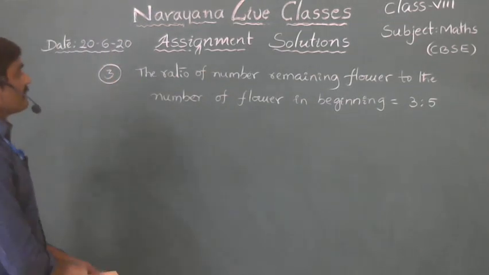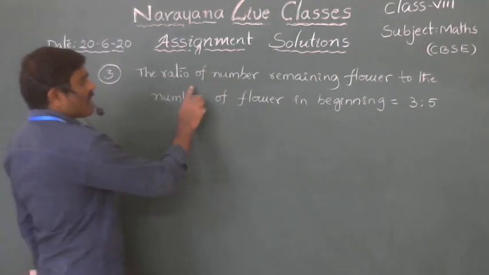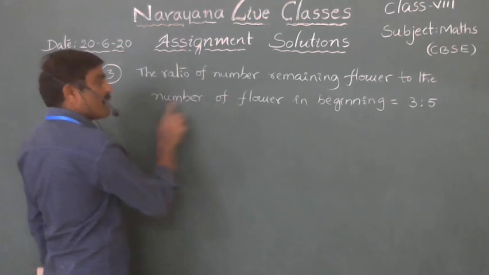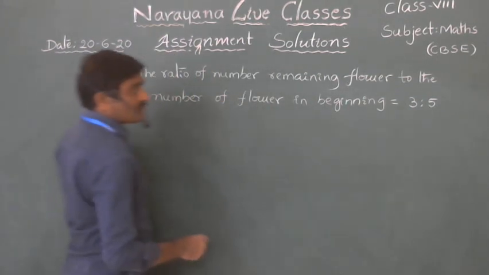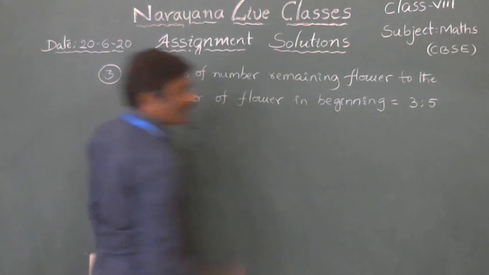That means this is the ratio of the number of remaining flowers to the number of flowers in the beginning. So the number of flowers in the beginning is equal to 5x.